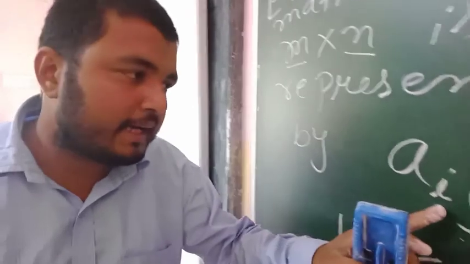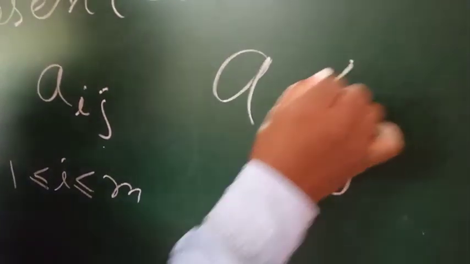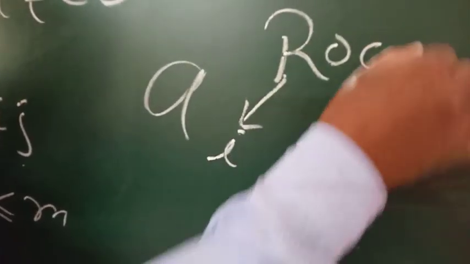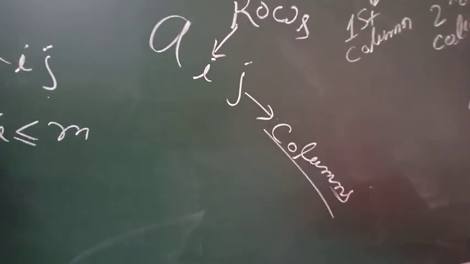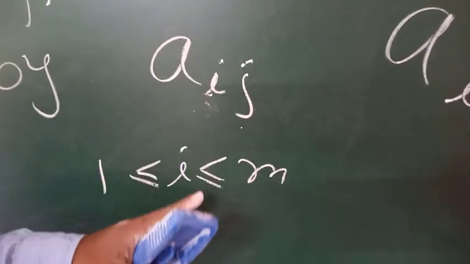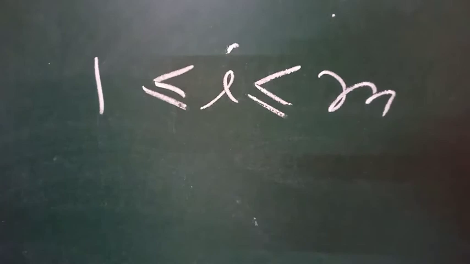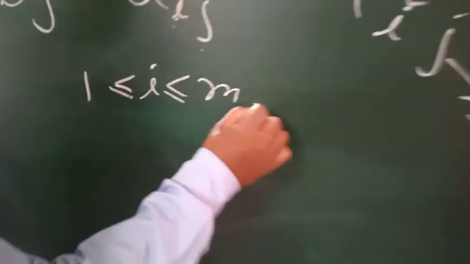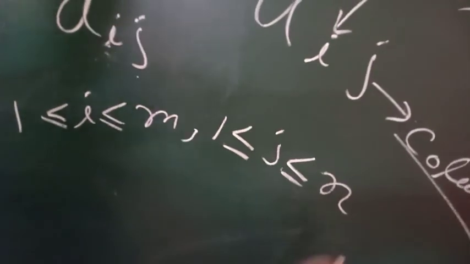In Aij, i represents rows and j represents columns. So i is always less than or equal to m and greater than or equal to 1, and j is also less than or equal to n.